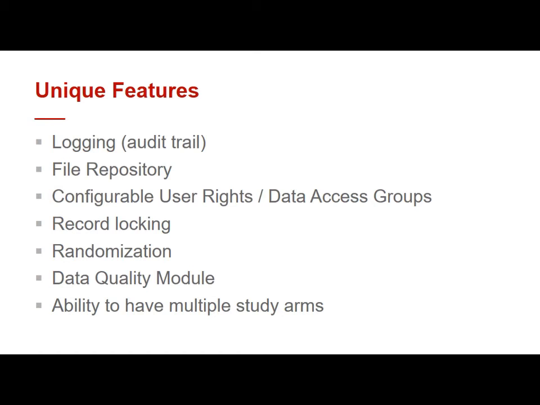There's a data quality module. It has several built-in data quality queries already in it, so you can sweep for missing data. You can sweep for data that is out of range. If you have calculated fields in your form and you've made a change to your calculation, you can sweep through and recalculate all of those values. And you can put any number of custom data quality rules onto your project.